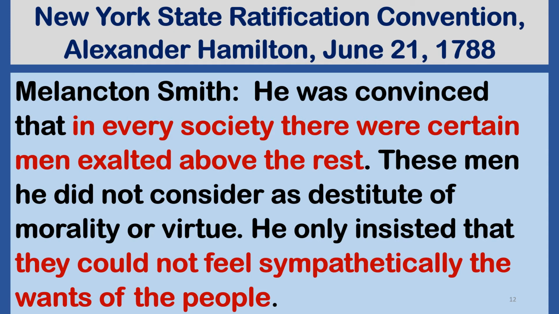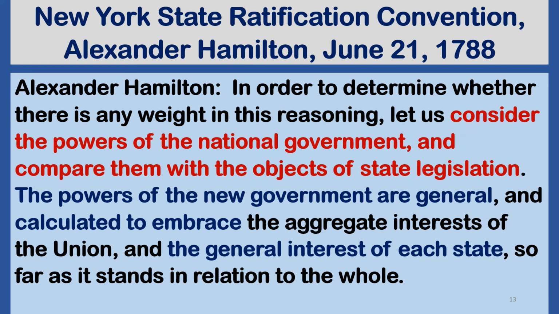Here he's saying to the other delegates that he's not claiming that the wealthy are without virtue or morals. He's only saying that they cannot feel sympathetically with the rest of the people, and so therefore you must have more representatives. In response, Alexander Hamilton makes the same argument that Madison made in Federalist number 10 and that James Wilson made at the Pennsylvania Convention.